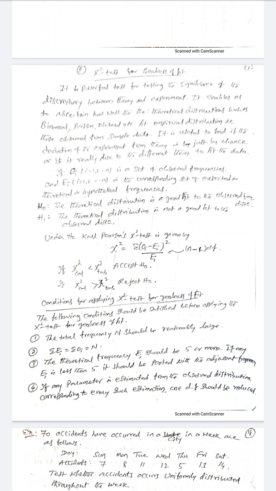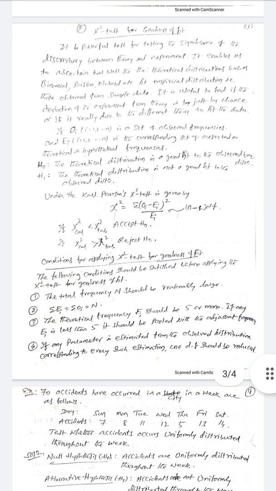Karl Pearson developed a test statistic. According to Karl Pearson, chi-square equals summation of Oi minus Ei whole square upon Ei. It follows n minus 1 degrees of freedom. So if calculated value is less than table value, accept H0. If calculated value is more than table value, reject H0.